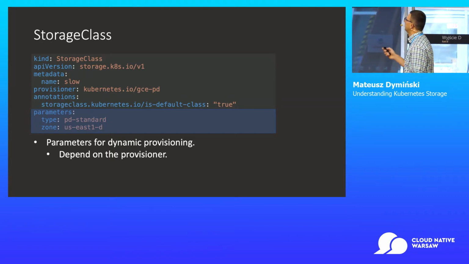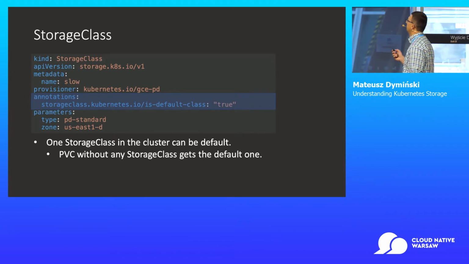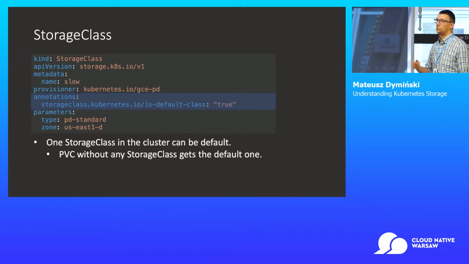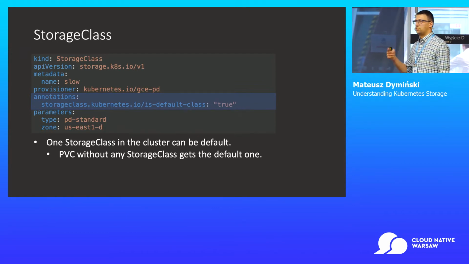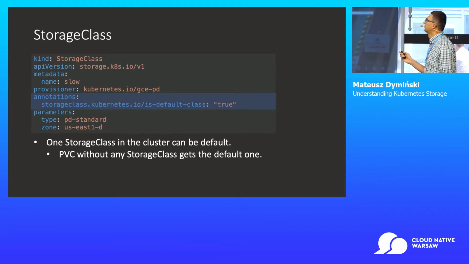There are also annotations, and a very important one is that there can be only one storage class which is the default in our cluster. If it's the default, then all persistent volumes are going to be created based on the schema taken from this storage class.